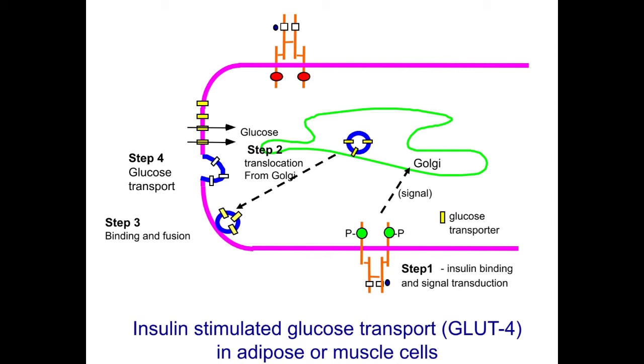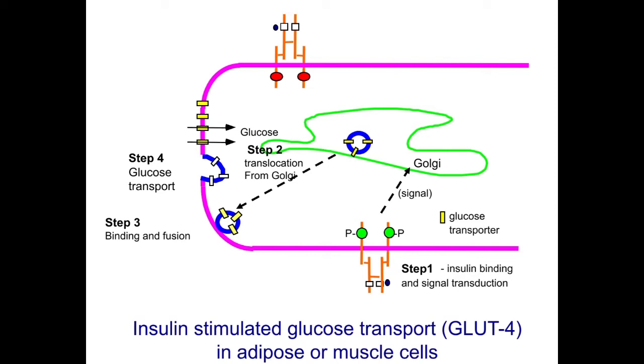We won't get into the details, but it promotes the translocation of these vesicles to the cell membrane, fusing with the cell membrane, thus increasing the number of GLUT4 transporters in the cell membrane. If you increase the number of transporters on the cell surface, you're going to increase the uptake of glucose from the bloodstream. And that's exactly what happens.